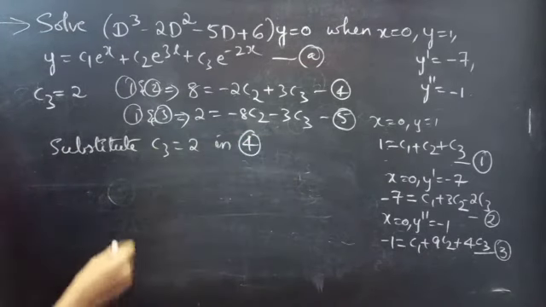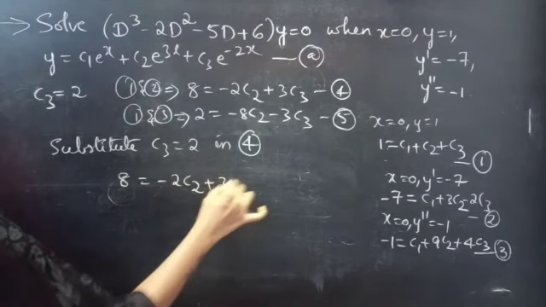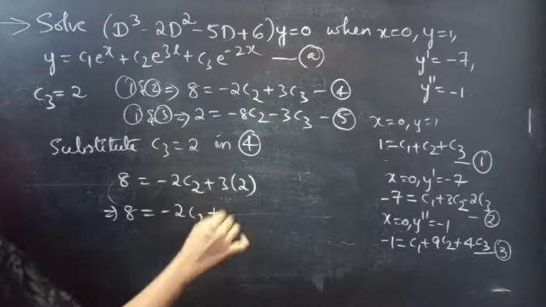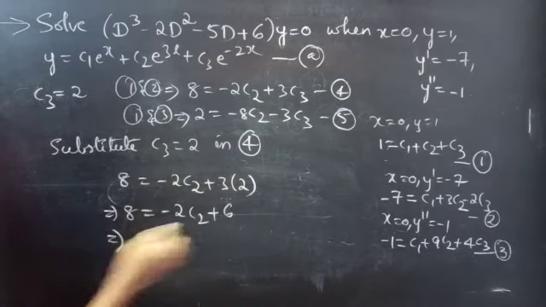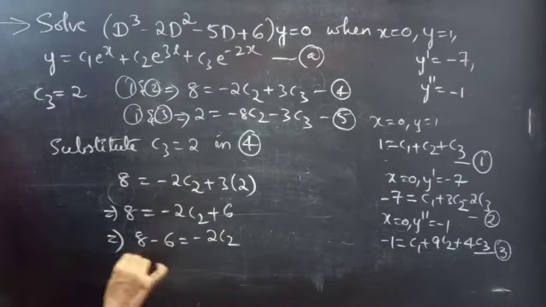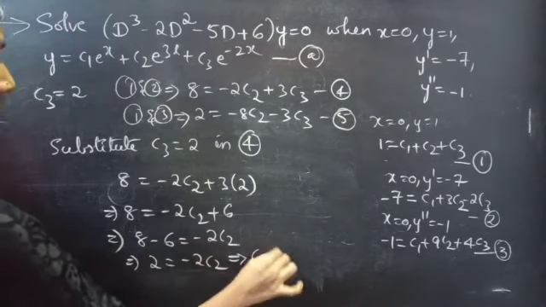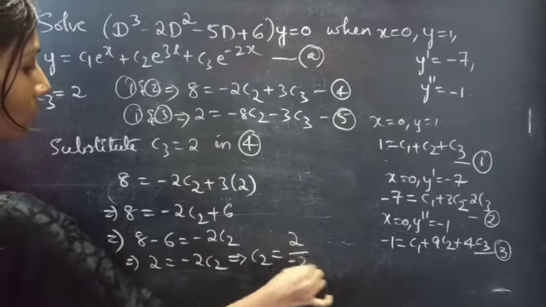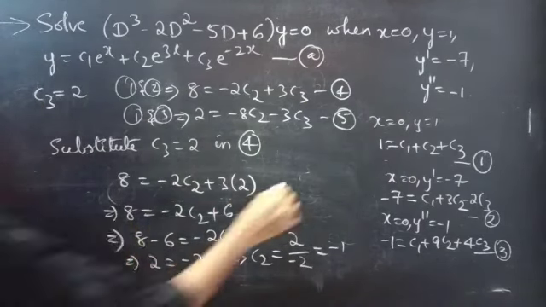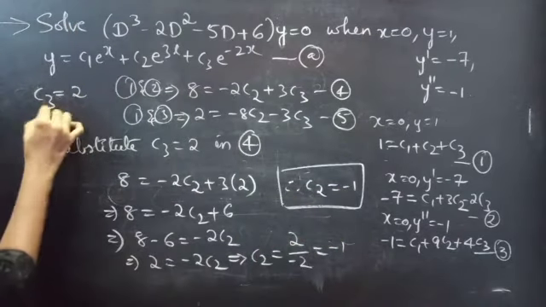Then you'll get 8 equals minus 2c2 plus 3 into 2. 8 equals minus 2c2 plus 6. Now bring this 6 to LHS, we get 8 minus 6 equals minus 2c2. So 2 equals minus 2c2. From this we get c2 equals 2 by minus 2, which equals minus 1. Therefore c2 equals minus 1. So we got c2 also.